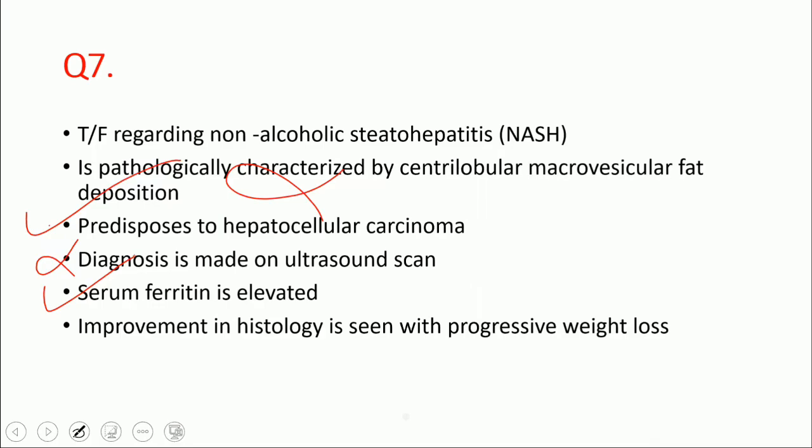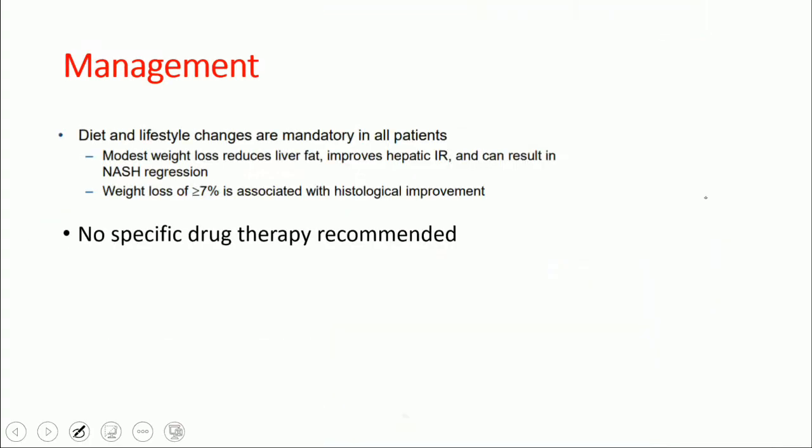Right. Now, how do we treat patients with NASH? The main modality that everybody agrees on is weight reduction, and weight reduction causes regression of the disorder and can actually cause histological improvement. Yes, that's an important MCQ point.